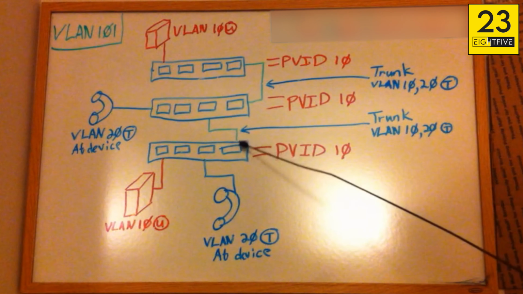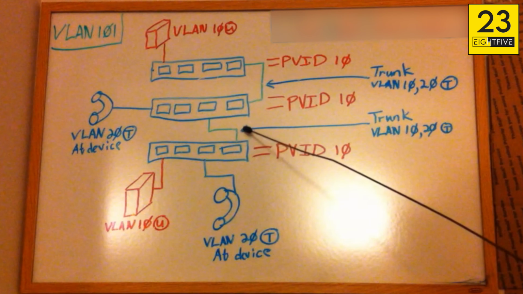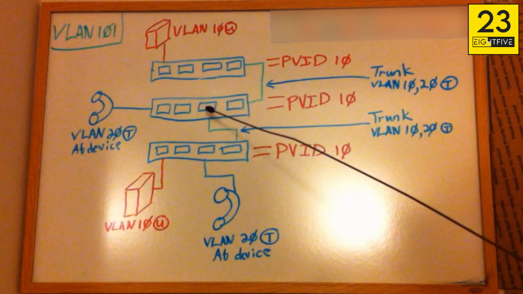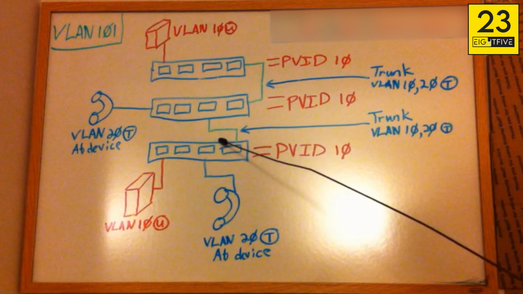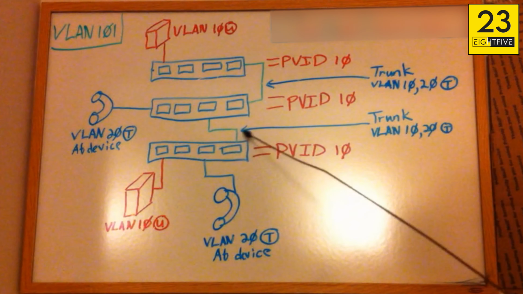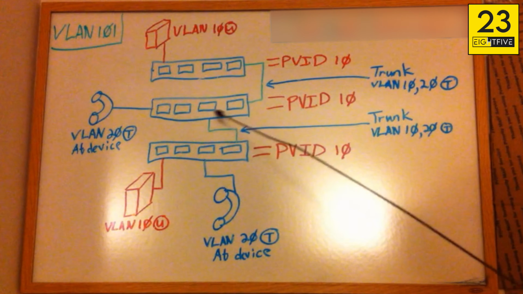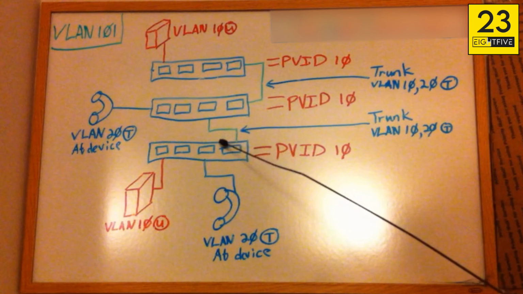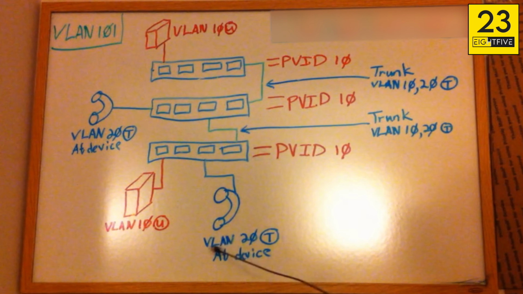Now, by tagging all VLANs, you will be allowed to pass traffic for both VLANs over one uplink, or if you have multiple uplinks in your group, you can pass traffic over all those for both your VLAN 10 and your VLAN 20.